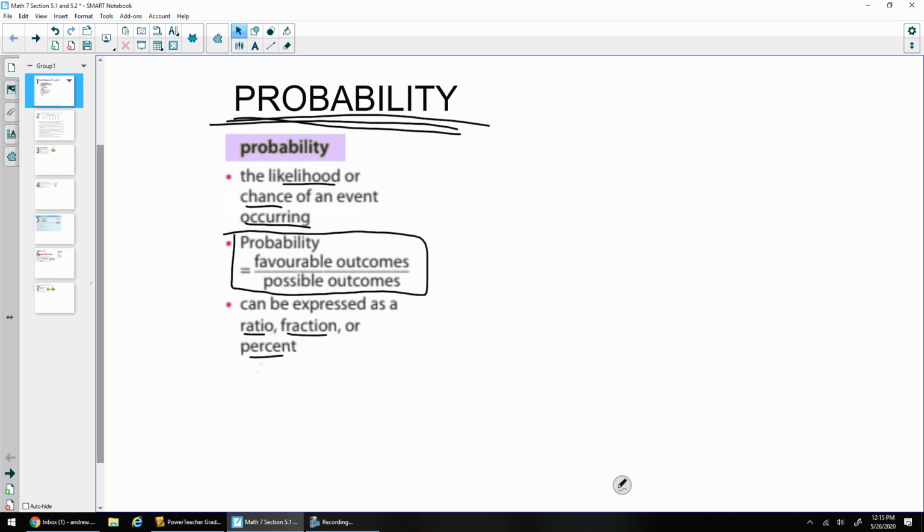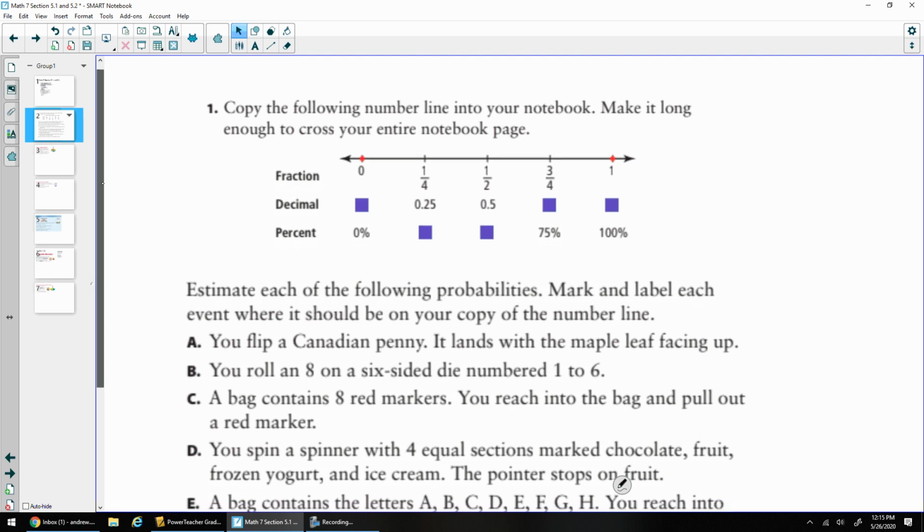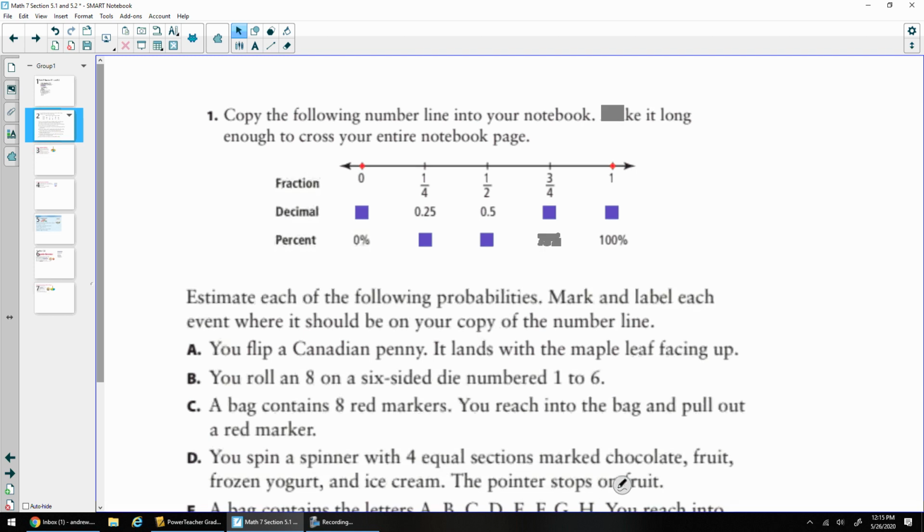So we're going to look at some situations here and look at these probabilities. If we have a number line, this number line goes from 0 to 1. It's a short number line, but all probabilities are going to fit into it, between 0 and 1.